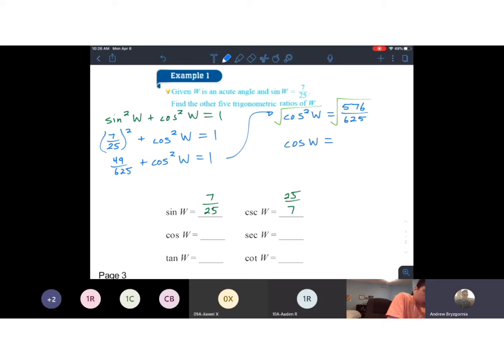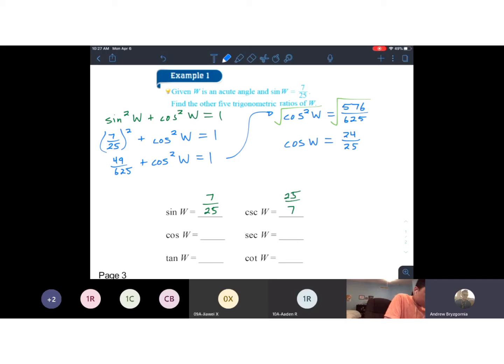And so this part is why it was important for us to know it was an acute angle. As I told you, we're only going to deal with the positive values for this class. When you get to IM3, that's when you have to start considering, is it negative or is it positive, or am I supposed to include both? But in this case, then the square root of 576 is 24.